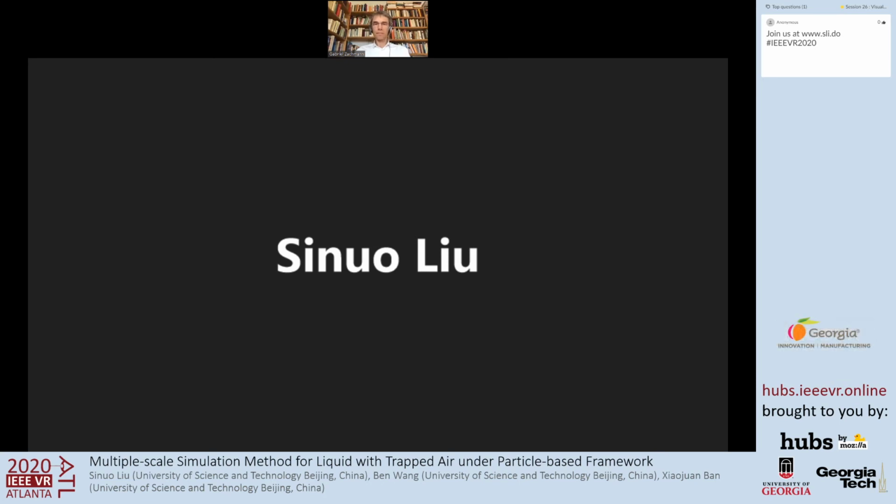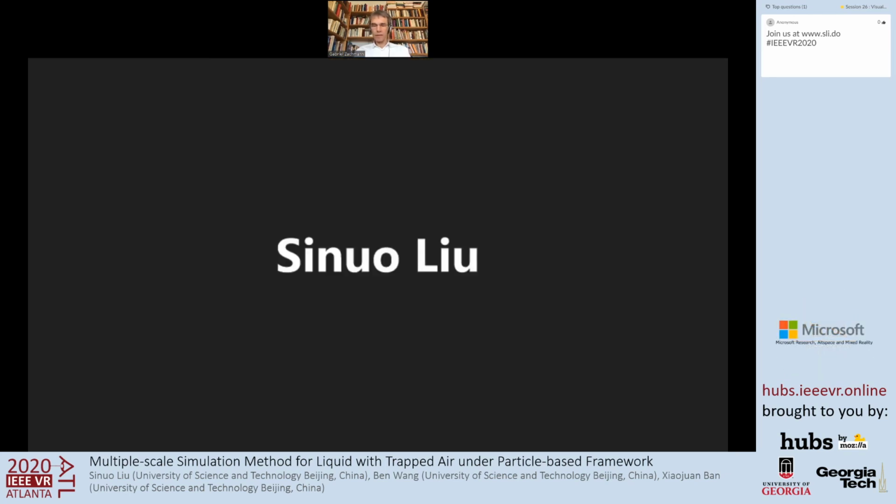But you can see the particle-based result is really very fast. It takes just about 2 or 3 seconds for one frame.